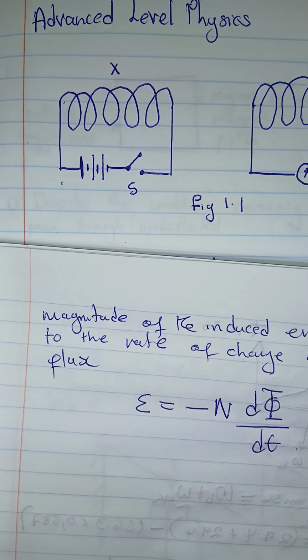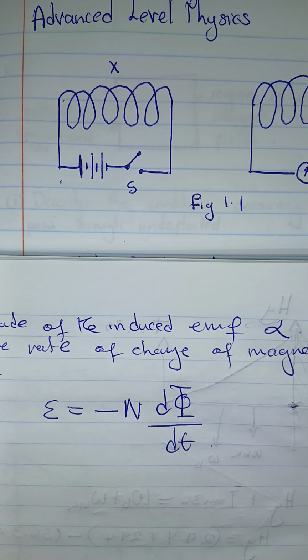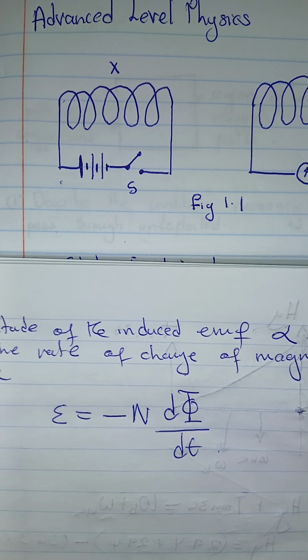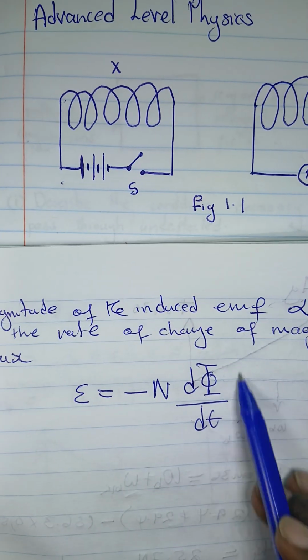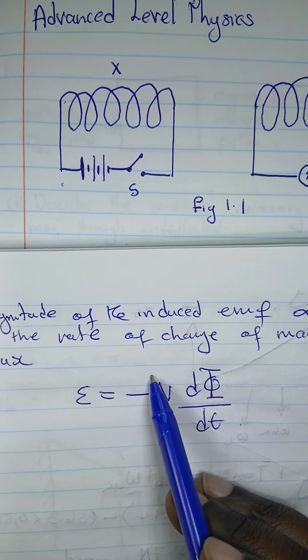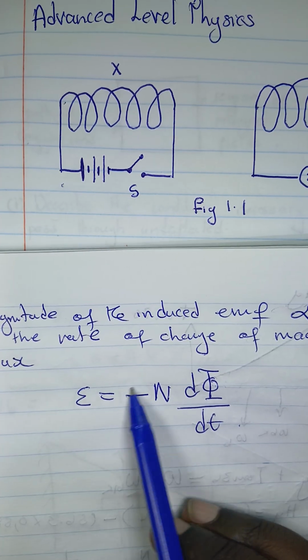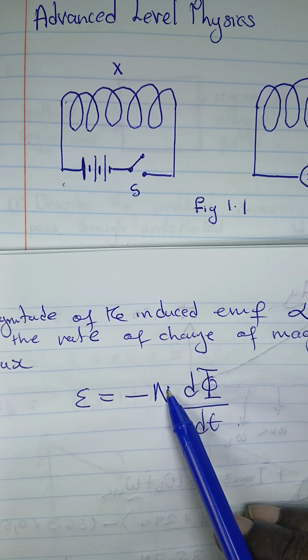So that is the formula that is derived from Faraday's law, where dΦ/dt represents the change in flux, and the negative is from Lenz's law, and N is the number of turns in the coil.